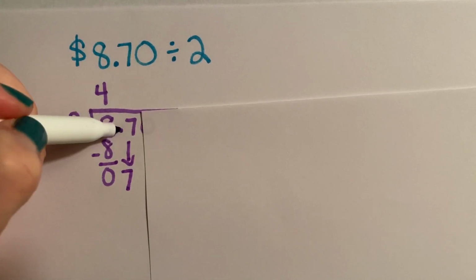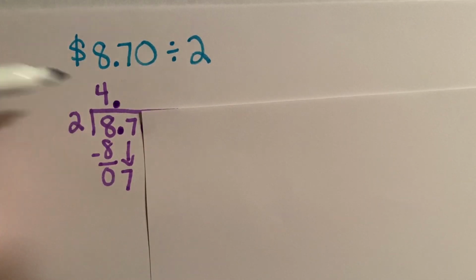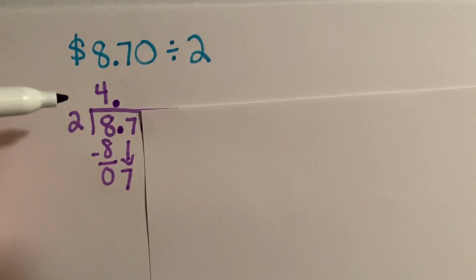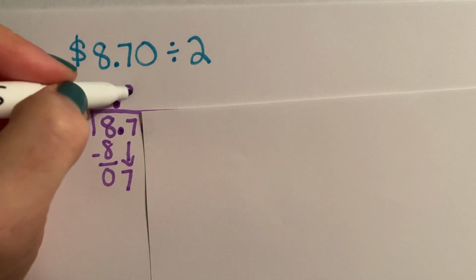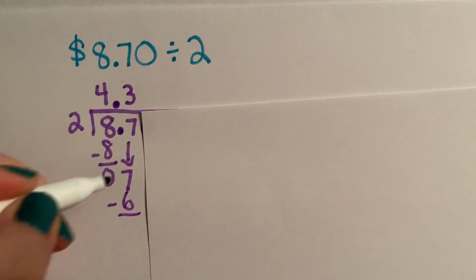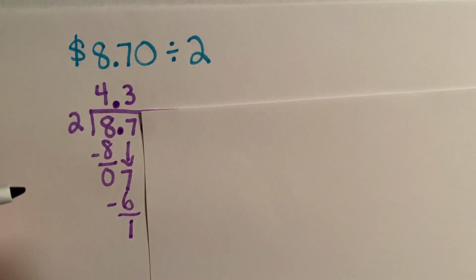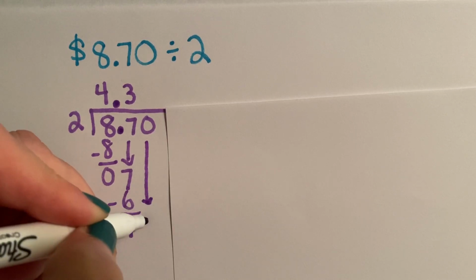And by the way, we just revealed the decimal point. So our decimal point goes straight up above where it is here. And then we ask ourselves, how many 2's squeeze into 7? Well, that would be 3. And 3 times 2 is 6. And we subtract and we get 1. And then we slide our next number down, which is 0.